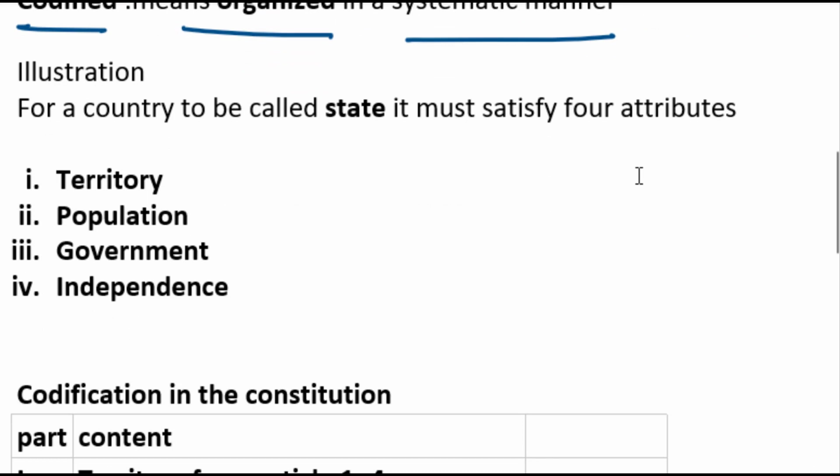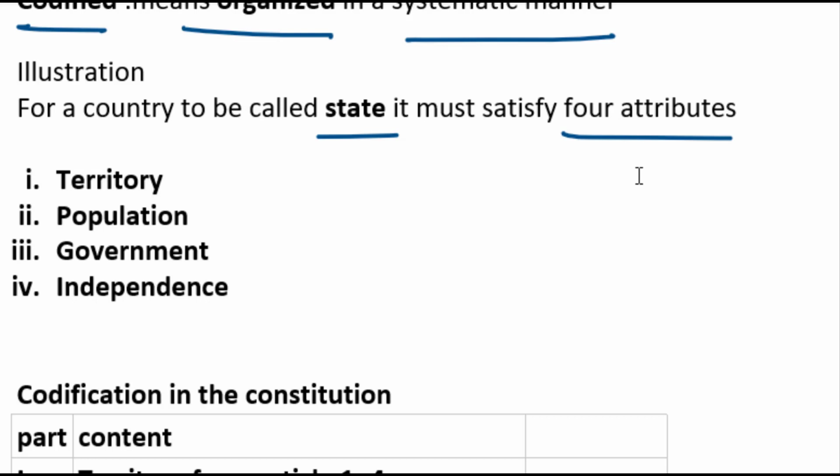To understand that, we will look at the four essential attributes of a state. For a country or for an entity to be called a state, it must satisfy four attributes.